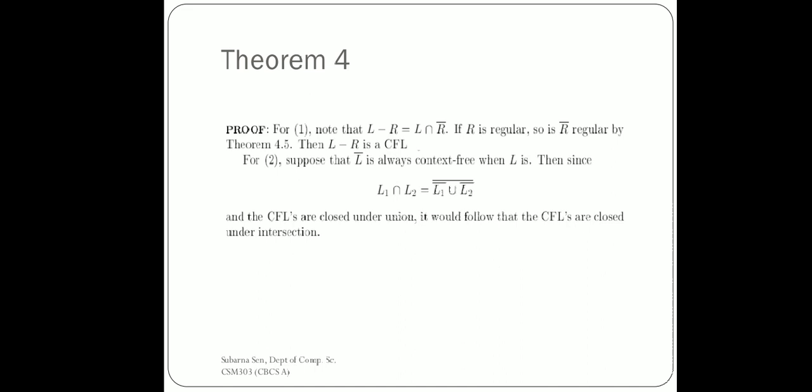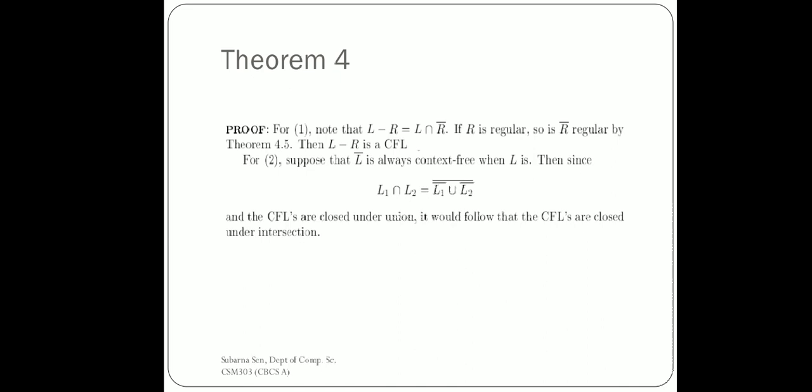So for the first point, if L minus R is there, we are subtracting the regular language from the context free language L. What will we get after subtracting R from the original set? We will be left with L intersection R dashed. And we know that regular languages are closed under complementation as well, right? So if R is a regular language, R dashed is also a regular language.